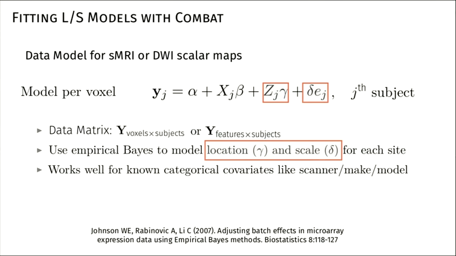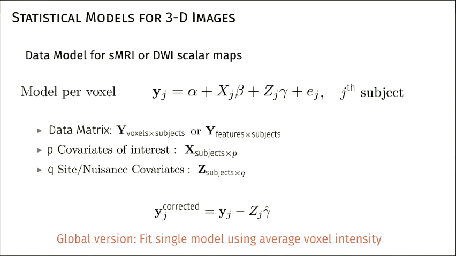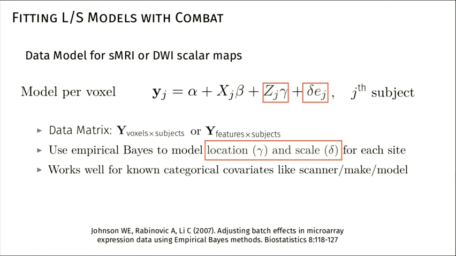There was a variation of this technique that was introduced in the context of microarray data over a decade ago. That's been highly, highly effective, and most recently in the last 2 years, it's been applied in neuroimaging as well to great success. And this is called ComBat. So in ComBat, it's a slight deviation from the previous model in that it creates both a mean and a scaling variable for each site.